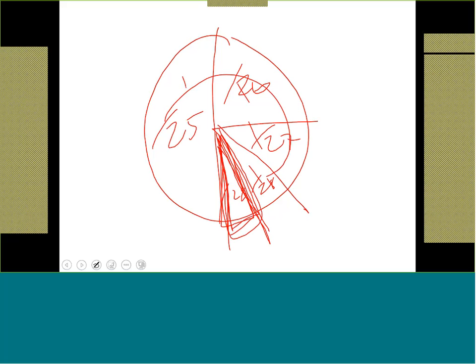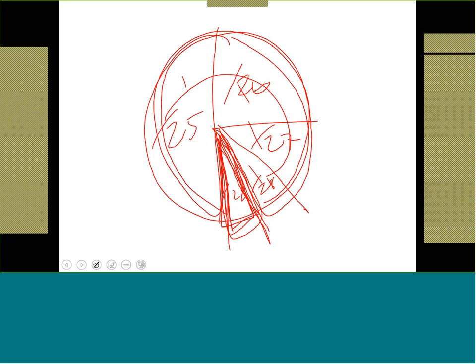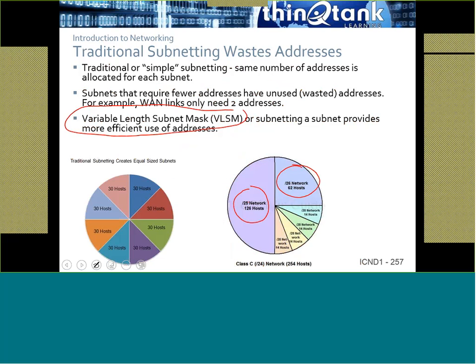You might say, well, I just want to take the rest of these addresses and put them together and create one network. Can't do it. It's not possible. So that is one of the restrictions to VLSM. And in addition, every time you create a subnet, you're losing 2 addresses. But we knew that anyway.